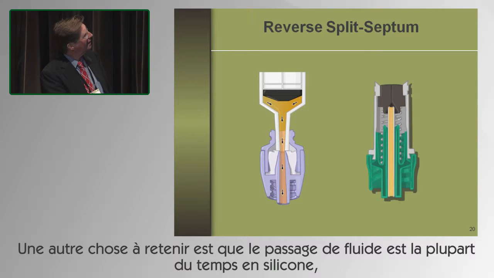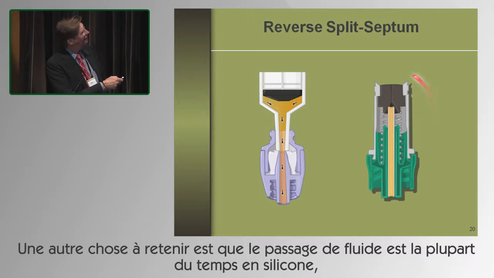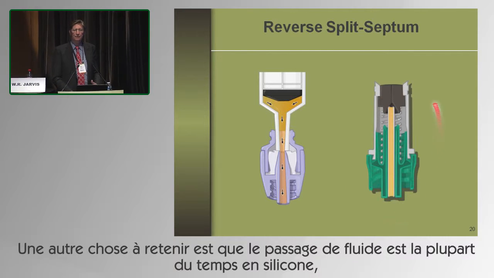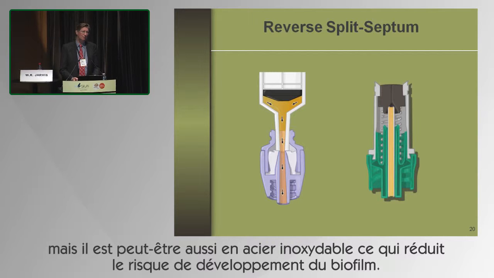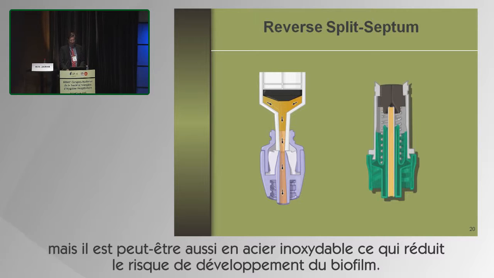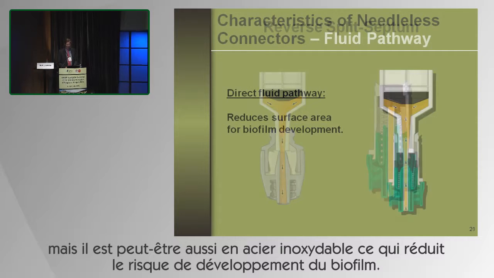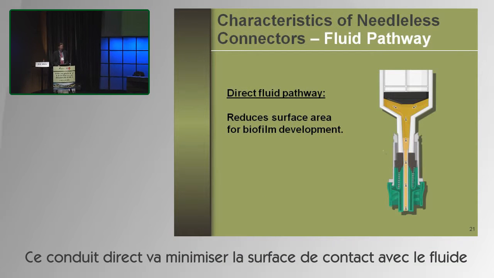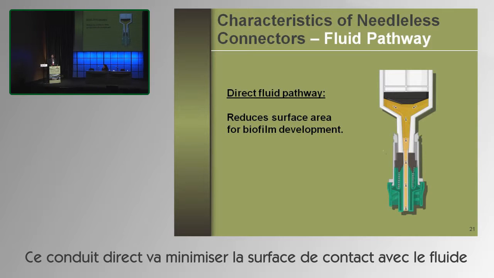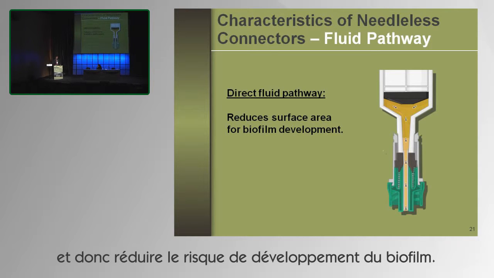Another thing to keep in mind is this fluid path, oftentimes with the connector, is of silicone, but it may also be of stainless steel, which reduces the risk of biofilm development. And that direct fluid path minimizes the surface area that the fluid has contact with, and as a result, minimizes the risk that biofilm will develop.